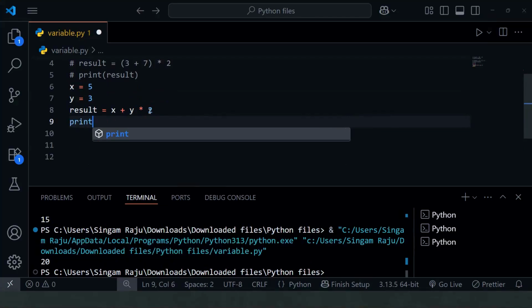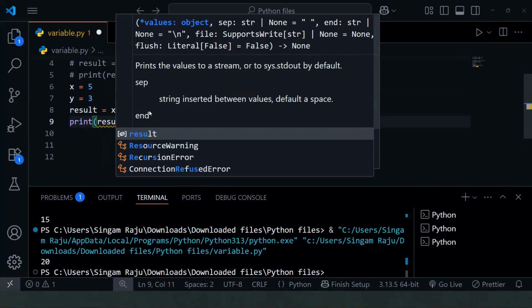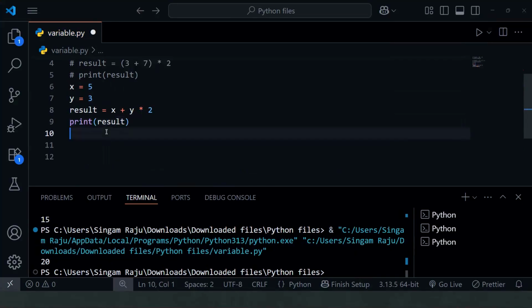And when you print the result, the output is 11. So here what's going on? Actually 3 into 2, 6. 6 plus 5, 11. So it is following this priority.